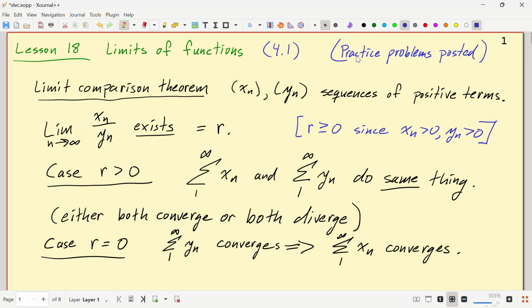So there's the statement of the limit comparison theorem. It's about positive sequences, series of positive terms. So the coefficients, xn and yn, are sequences of positive terms. And there was a comparison test where we compared the tail ends of such a sequence.